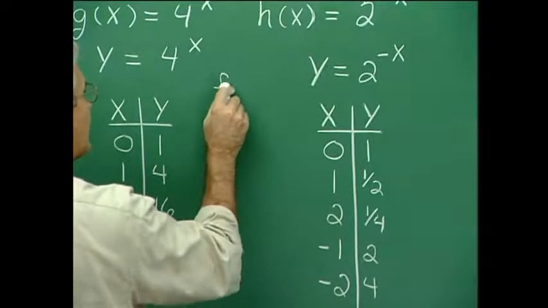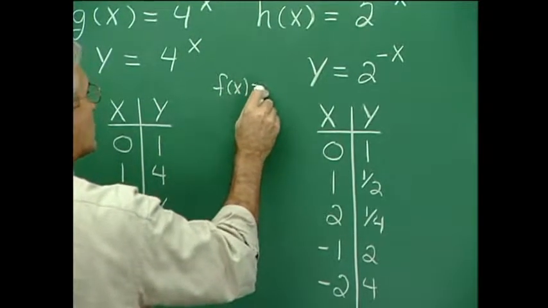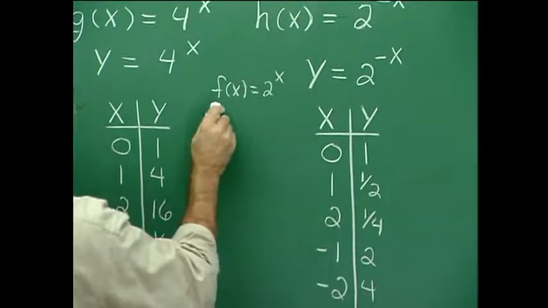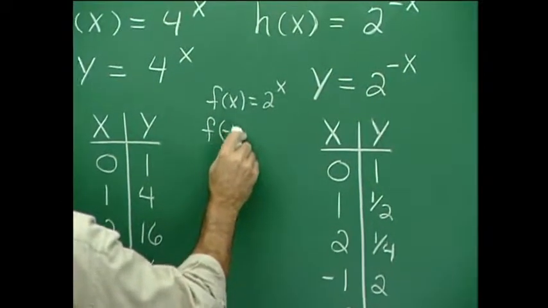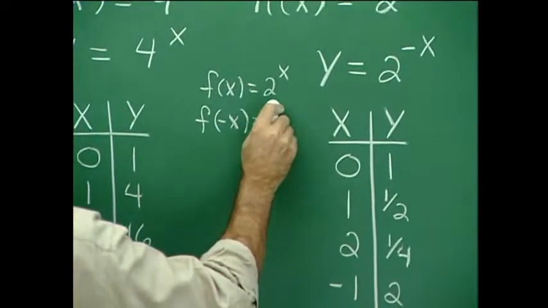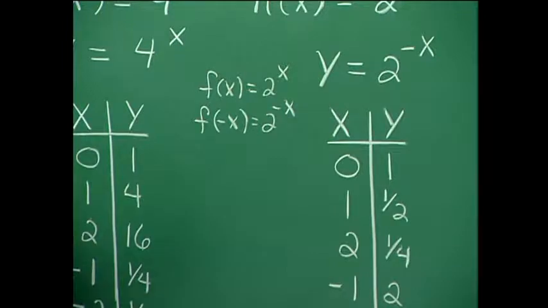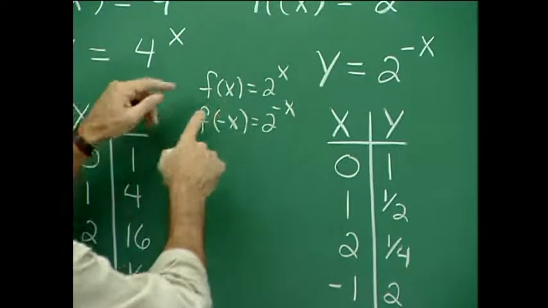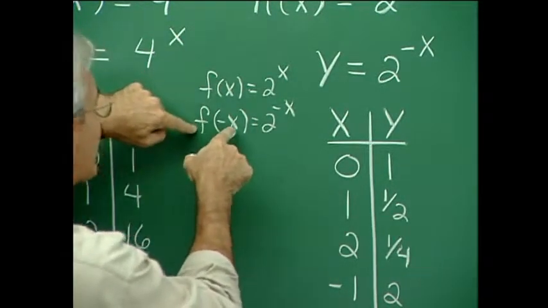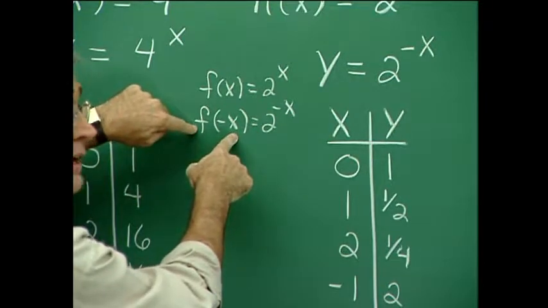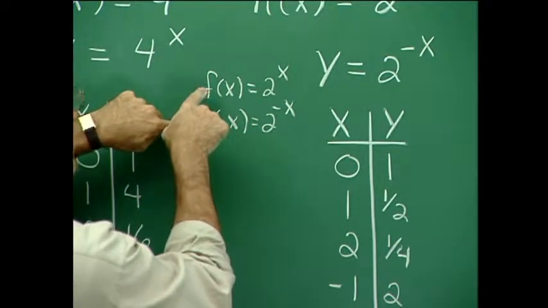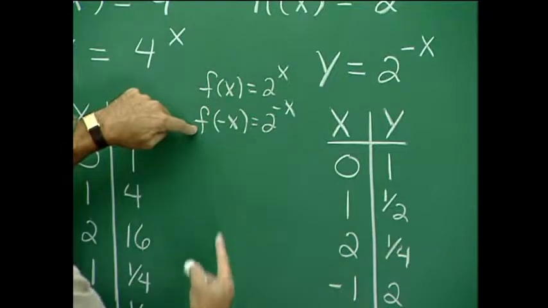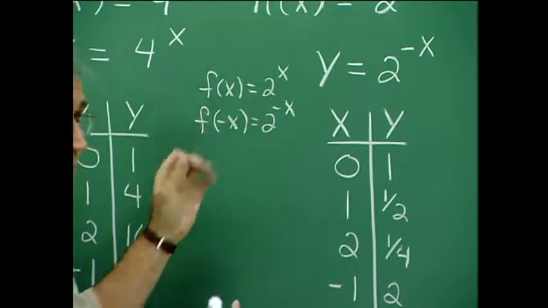If f of x is 2 to the x power, then notice that f of negative x is 2 to the negative x power. You see? No wonder we have that reflection, because this is that idea that f of negative x gives us a reflection of the graph of f in the y-axis. So that's what's happening here.